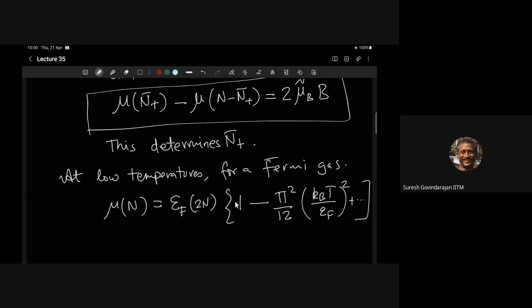So now I understand why this 2n is coming. The reason is that when we do the computations for fermions, we didn't do it as spinless fermions, and we put a g factor of 2. I think that's this. Check this, okay? I think that's what's happening.